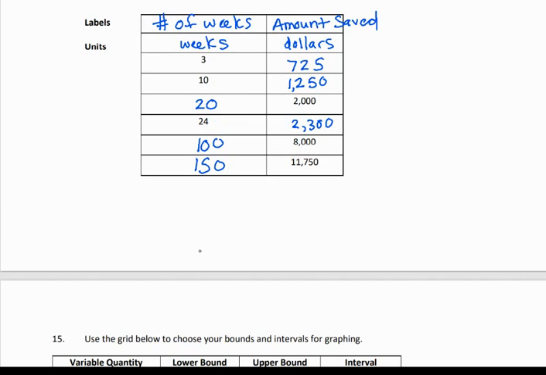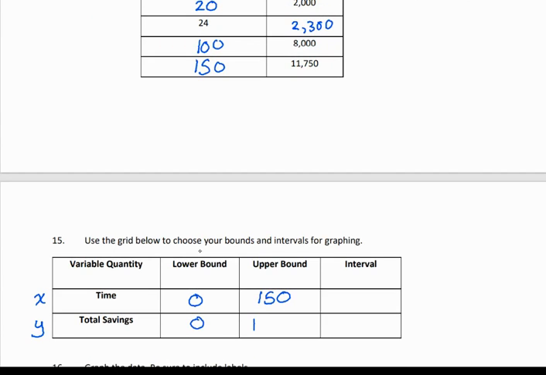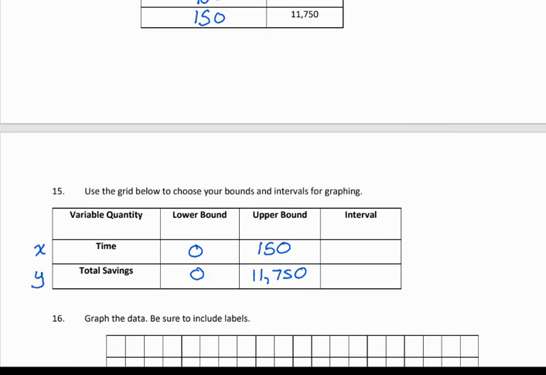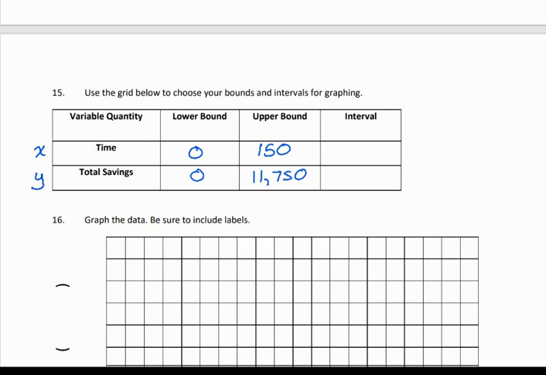And what's the highest number there? Bingo, 11,750. So we're going to put that as the upper bound for total savings. Okay, so again, our lower bound is 0 because we can't have a negative amount of money and time for this problem. So it's 0. And then our upper bounds we find from our table and look at the highest values.